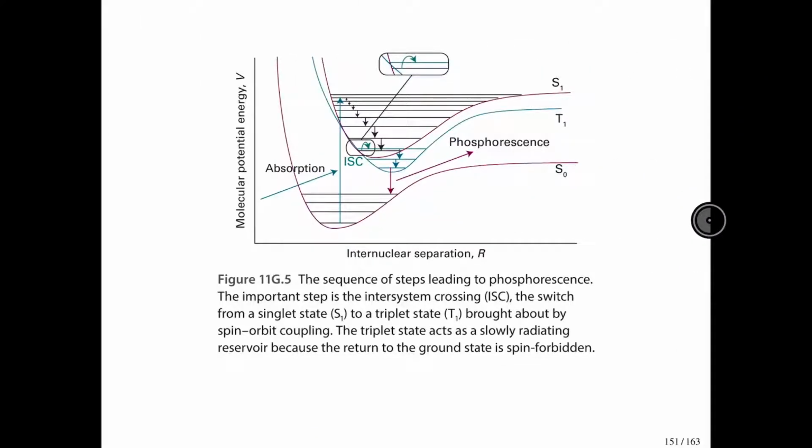So here's the diagram depicting the phosphorescence process. You've got the ground state singlet. You've got the red curve here is the excited state singlet. And then you've got this excited state triplet. And the triplet has a lower energy than the singlet, always. And so what happens is you absorb up to the singlet, vibrational relaxation occurs, but at a certain point, the potential energy curve for the triplet and the singlet cross one another.